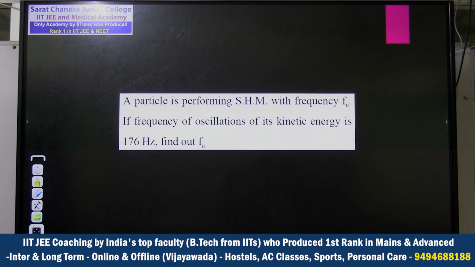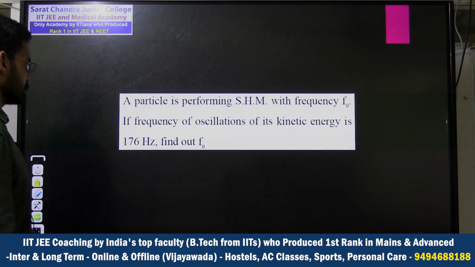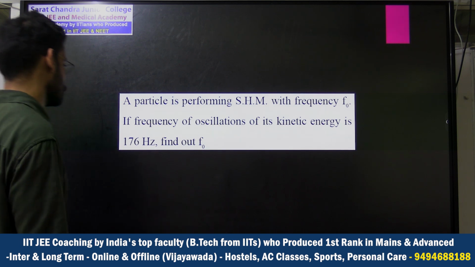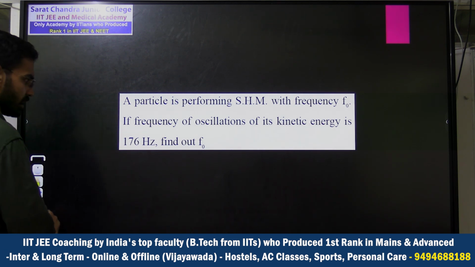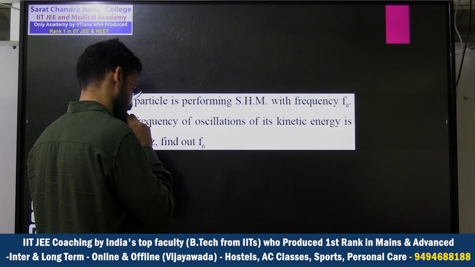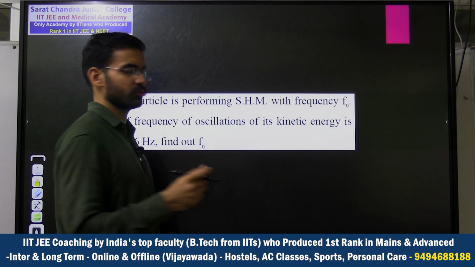A particle is performing SHM with frequency f0. If the frequency of oscillation of its kinetic energy is 176, then find f0. If you understand this, there are multiple ways. We have shown this with the graph also.